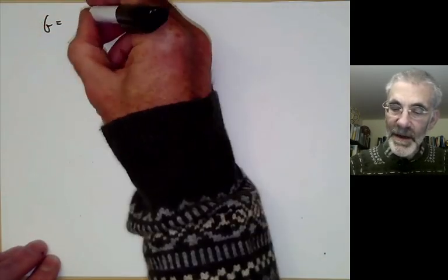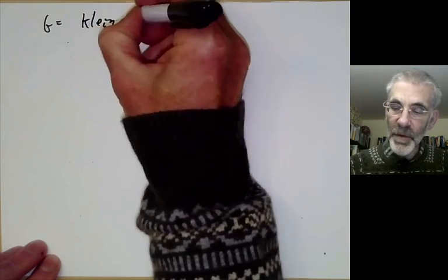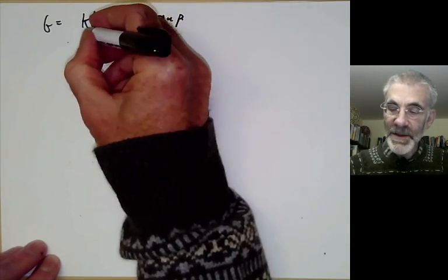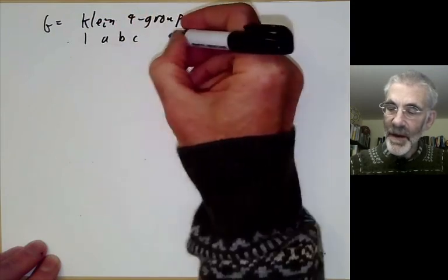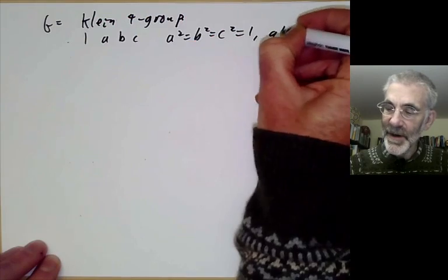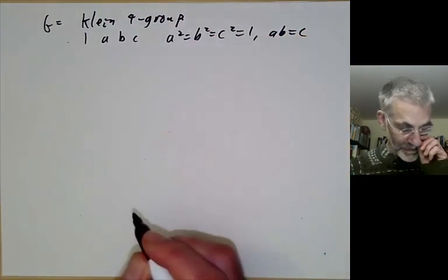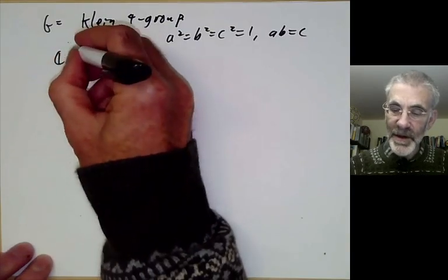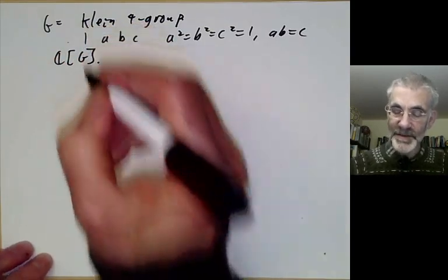So suppose we take the group G to be the Klein 4 group. So it has 4 elements, 1, a, b, c, with a squared equals b squared equals c squared equals 1, ab equals c, and so on. And what I want to do is to look at the group ring of this group over the complex numbers.